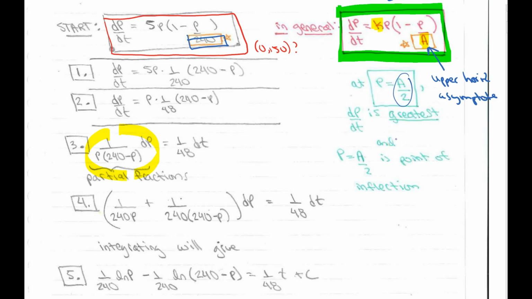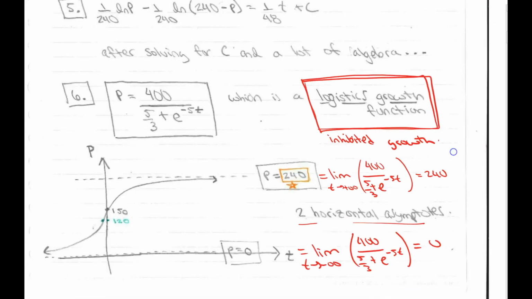Because half of 240 is 120, at y equals 120, dP by dt is greatest.